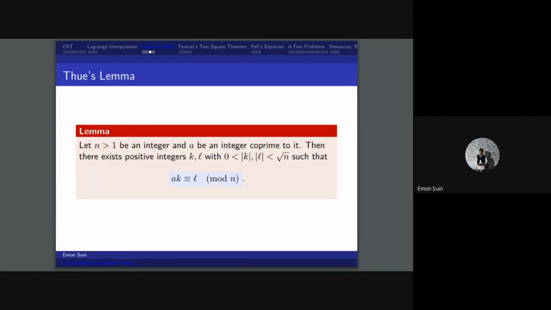So what exactly do we aim at? We aim at making this k and l less than root n and greater than 0. So first of all, what is root 7? Integers less than root 7, and greater than 0. What are the possibilities? It's not that complicated. I'm asking what can be the possible positive integers less than root 7.